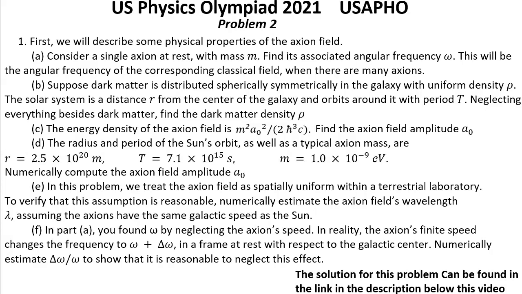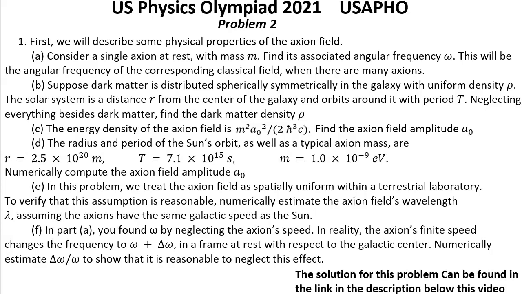D. The radius and the period of the Sun's orbit, as well as the typical axion mass, are r = 2.5 × 10^20 meters, T = 7.1 × 10^15 seconds, m = 1.0 × 10^-9 electron volts. Numerically compute the axion field amplitude A0.